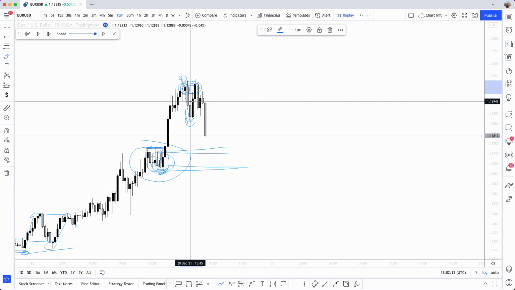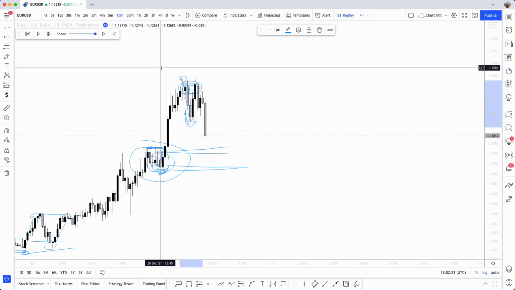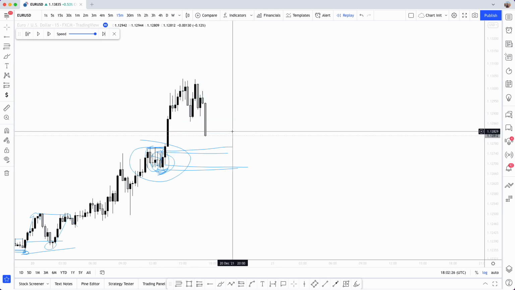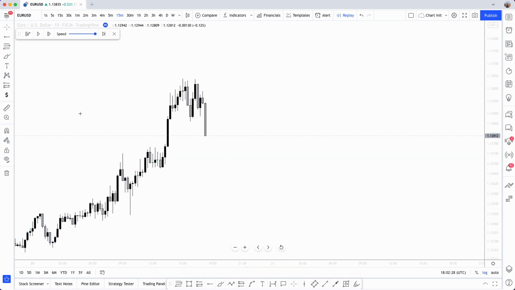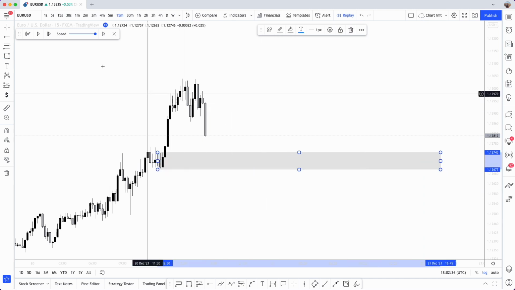Again, this is understanding and reading price from a high time frame perspective to understand what's going on in a lower time frame perspective. So before I do that, let me get rid of all my drawings here, and instead I'll just draw a box around where we're expecting price to react anywhere in there.